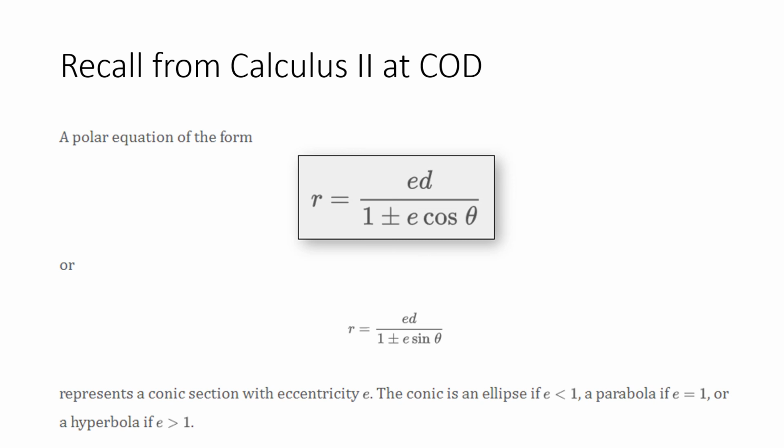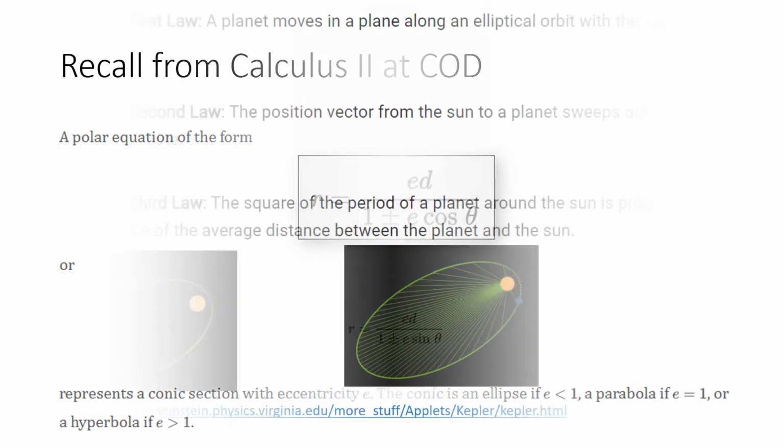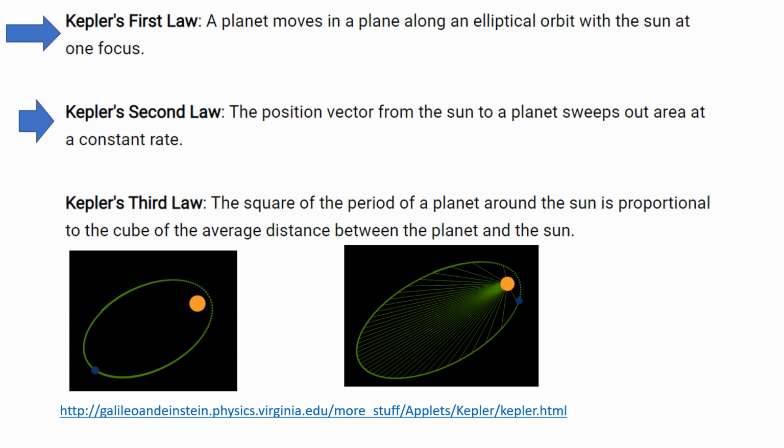And E is always a positive number. And so that means that this is an ellipse from our derivation. And now we have proven Kepler's first law. A planet moves in a plane. We've already established that early. But then it goes along an elliptic orbit with the sun at one focus.